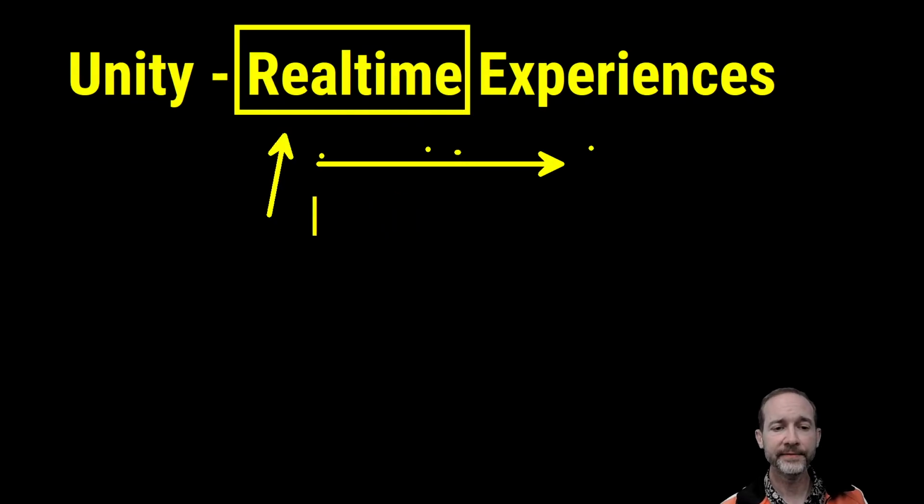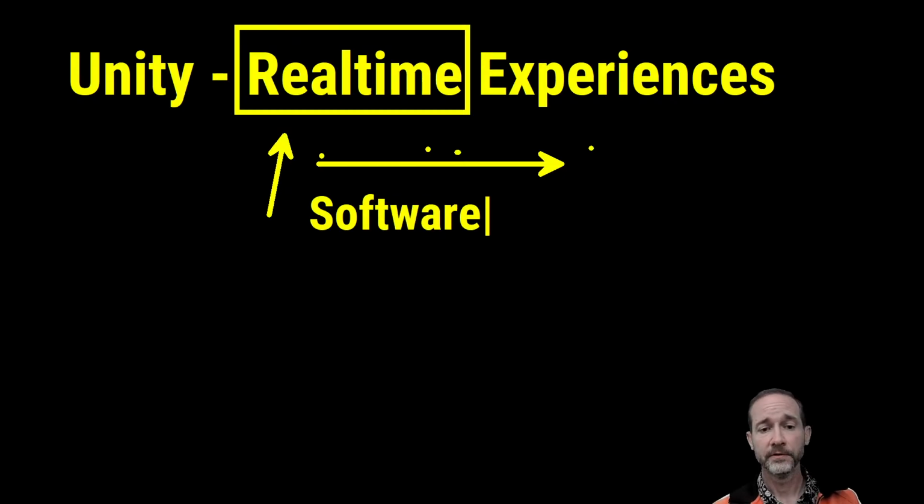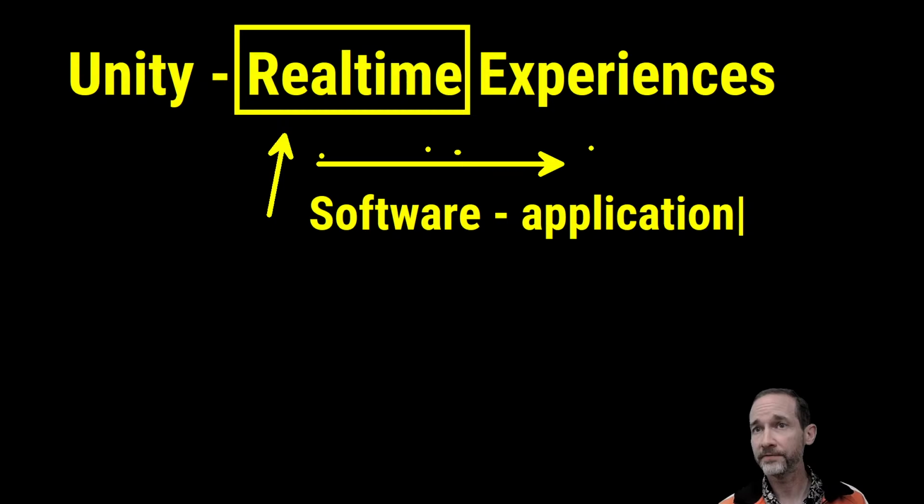So with that in mind, in order for it to be non-linear, what are we outputting from Unity? Instead of Blender, where we get an MP4 file, some sort of movie file at the end of the day, here we are getting software. We're going to have an application at the end of our process.